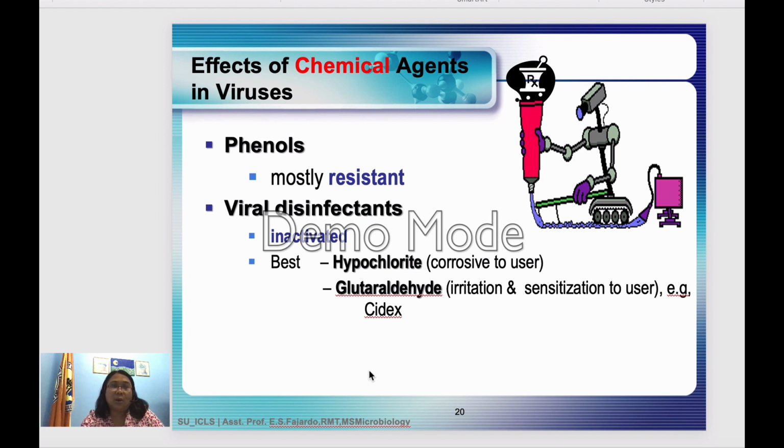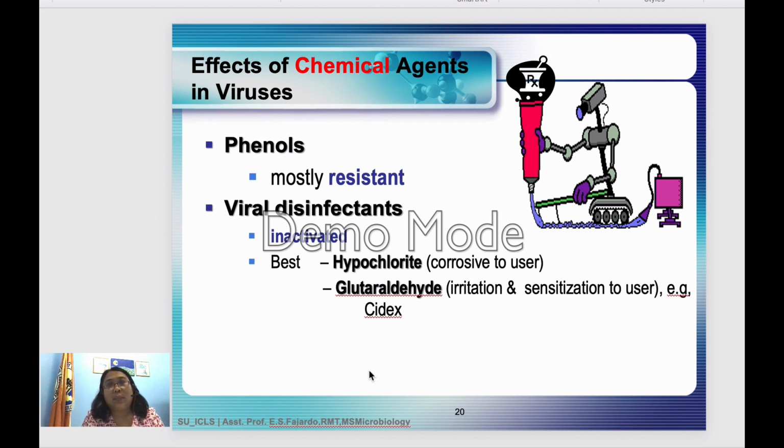Okay? So, that's why in the lab, we use hypochlorite, especially on surfaces where there are spills of specimens suspected to contain the virus. We wipe it with hypochlorite before it is covered with alcohol.